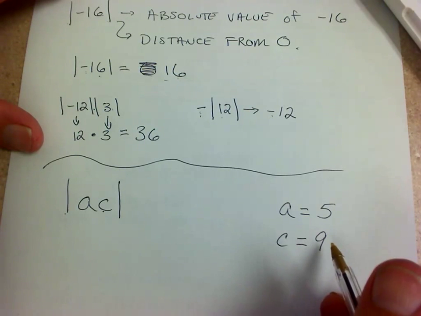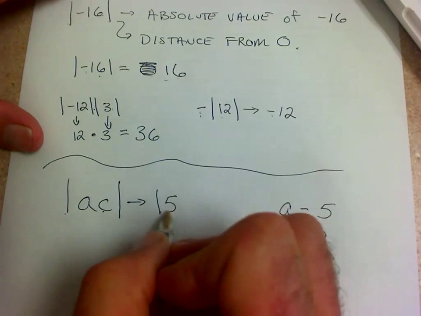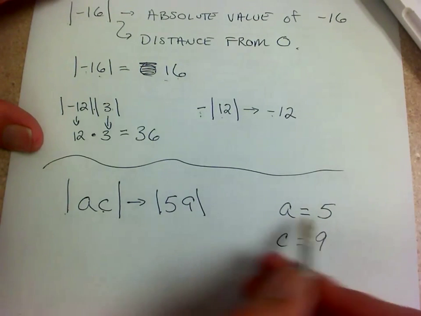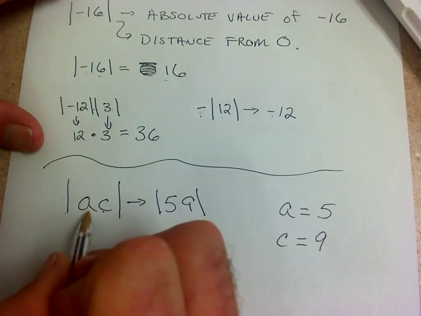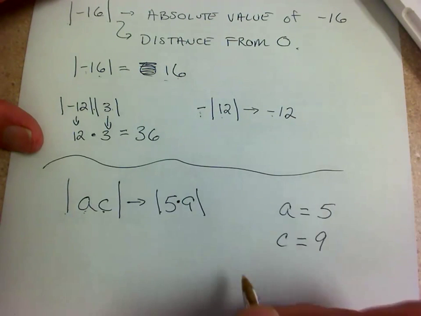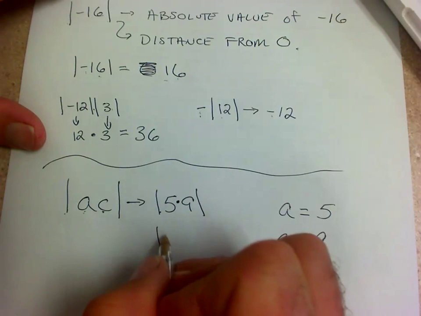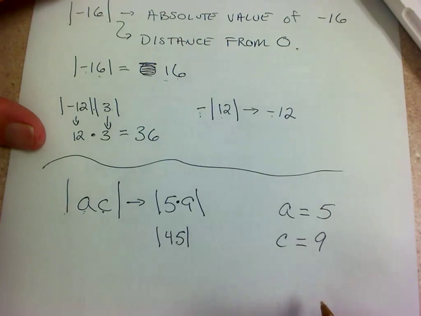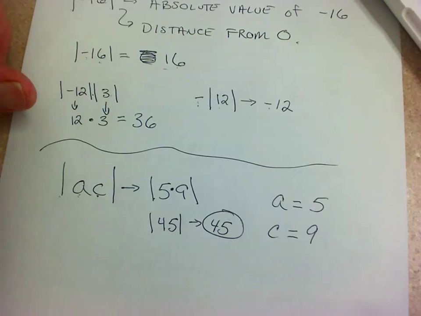There are some numbers. Our first step, as in chapter 1, is to replace: substitute 5 and substitute 9. We have two terms side by side, so this means multiply, unwritten but it still means it. So we get the absolute value of 5 times 9, which is the absolute value of 45. So we get 45.